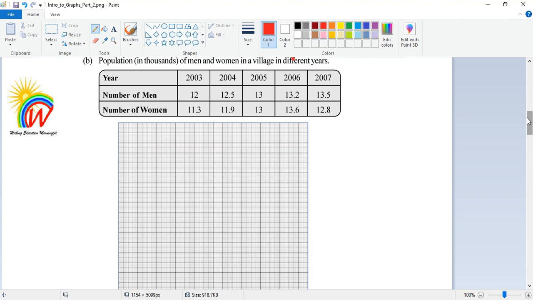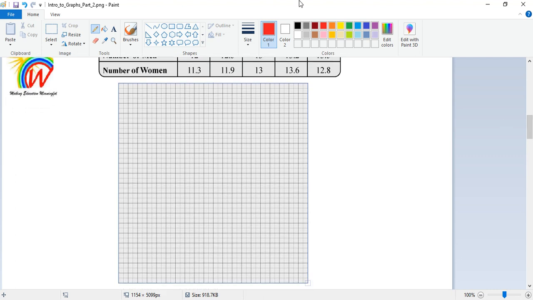Let me first draw the x-axis and y-axis. Let me say this is my y-axis, and this is the x-axis. On the x-axis, what am I supposed to write?